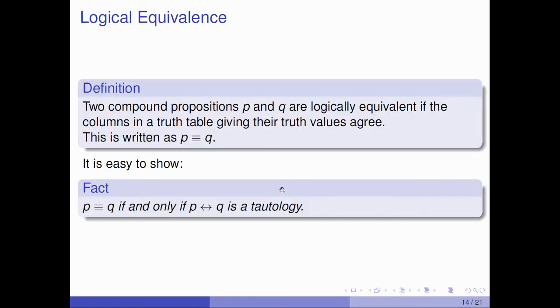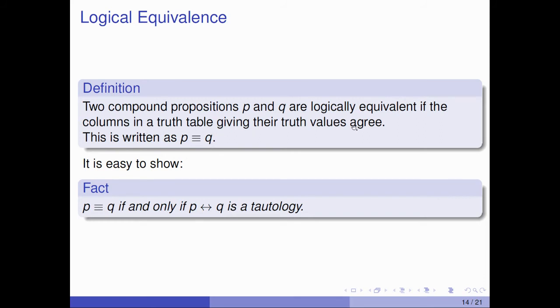Okay, let's go to logical equivalence. Two compound propositions P and Q are logically equivalent if the columns in a truth table giving their truth values agree. This is written with this symbol. I believe that you have this in your high school lessons or previous math lessons, determining whether statements are logically equivalent using truth tables.